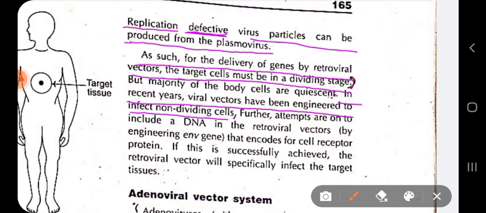So this is how gene delivery can be done with retrovirus by making it into plasmovirus, a plasmid associated with a retrovirus. Along with that we have our therapeutic gene, and for its expression we also use a promoter. Together they are delivered when the target cell is at dividing stage. However, by some modifications, we can also insert our therapeutic gene with plasmovirus into target cells in non-dividing stage as well.